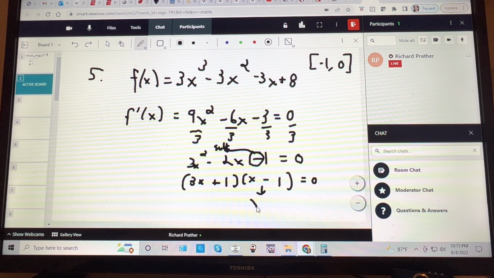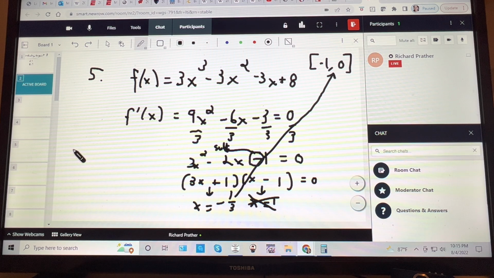So this is x equals 1. That's one of the critical numbers. And if you subtract 1 and divide by 3, if you have to do that slower, that's fine, x equals negative 1/3 is what you get if you solve that equal to 0. Negative 1/3 is between negative 1 and 0, but positive 1 is not. So we lose this one just because it's not in this interval right here.